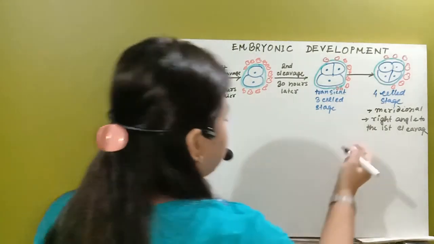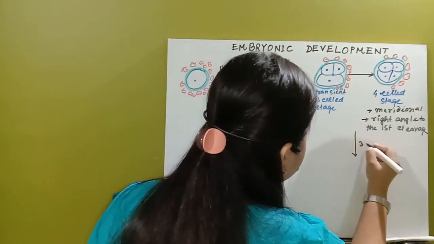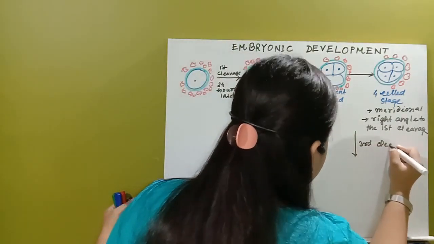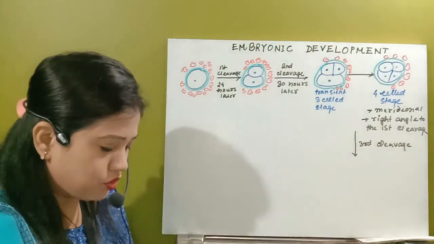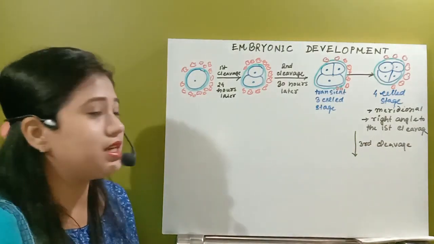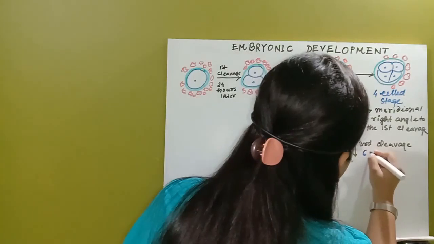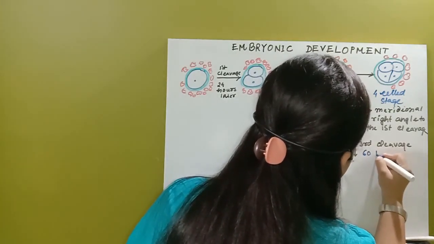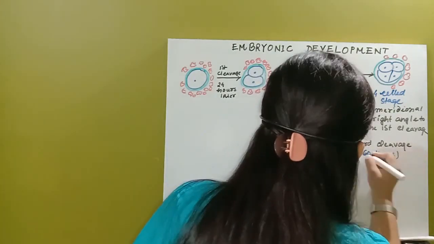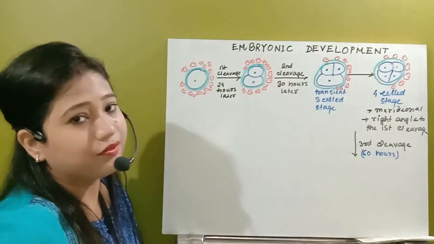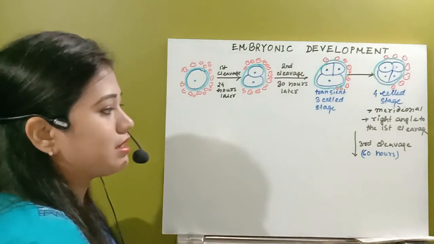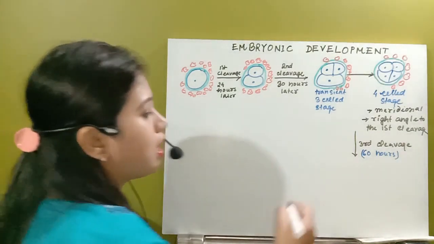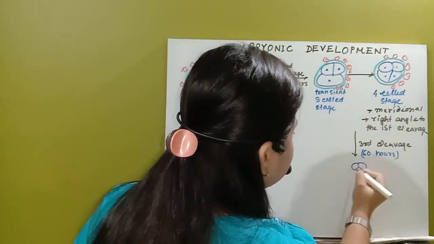So what happened after third cleavage? You can see after third cleavage you will have a stage of 8 blastomeres. Around 60 hours after fertilization we will have the next stage, that means third cleavage will occur, and as a result it will form the 8 cell stage.